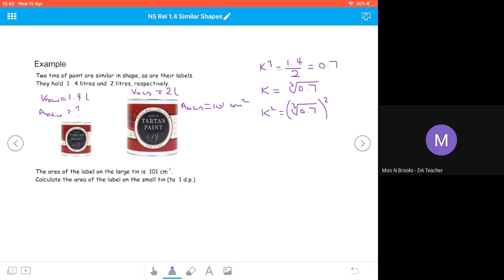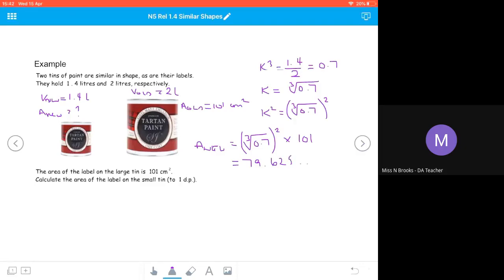And that's the value that we're going to use to multiply by our 101. So A new is going to be the cube root of 0.7 all squared multiplied by 101.